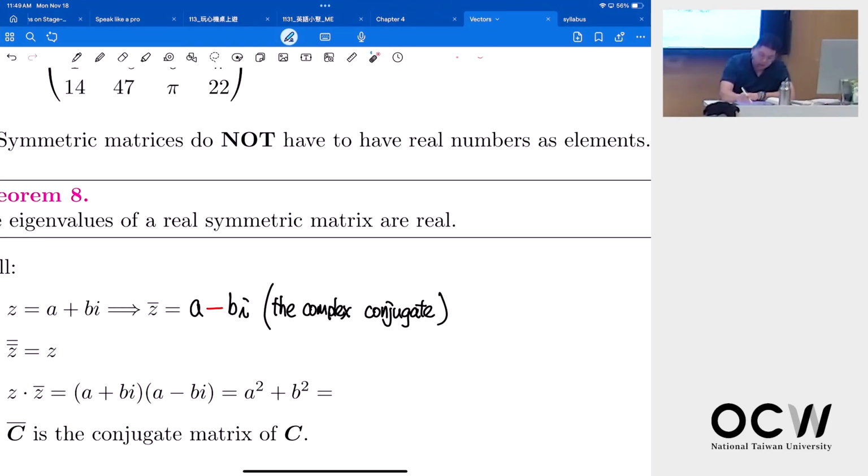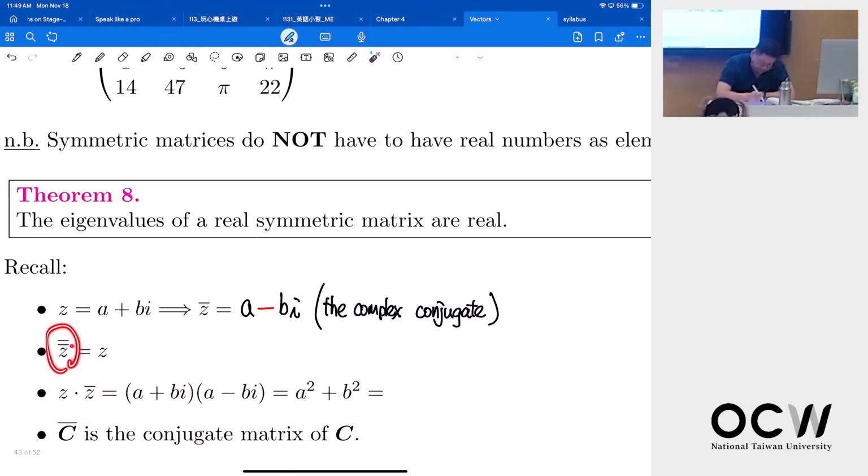If I conjugate again, conjugate and then conjugate, it goes back to z, because if I do the conjugate again, minus becomes positive. So if you do double conjugates, you go back to your original number. And if you take z times the conjugate of itself, this will be your magnitude squared.